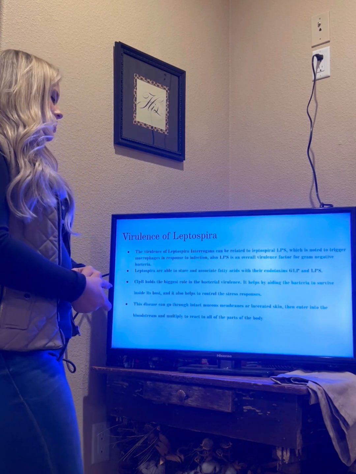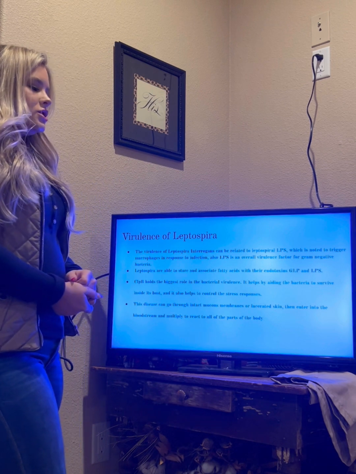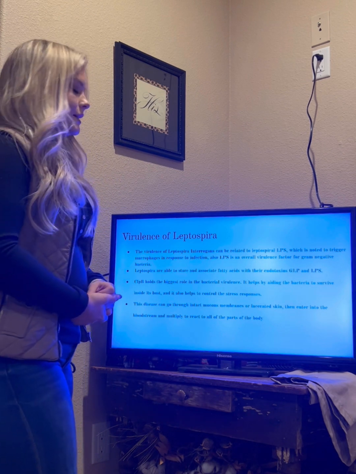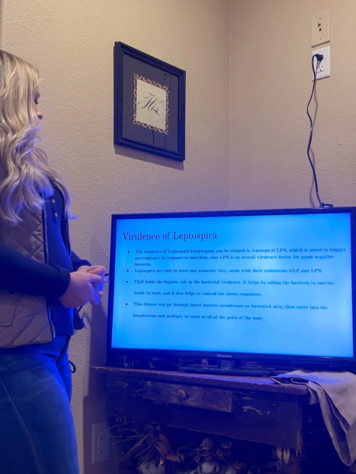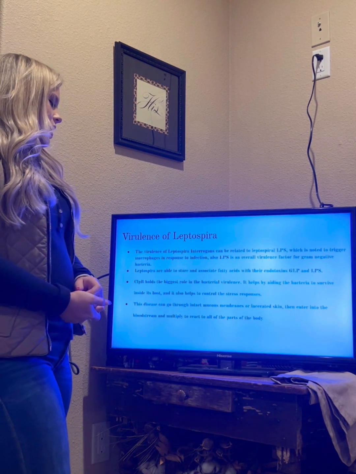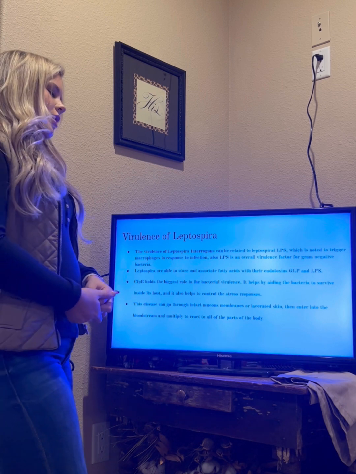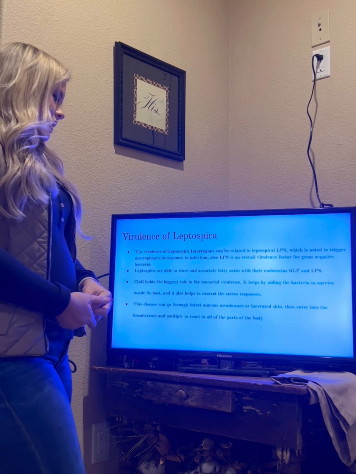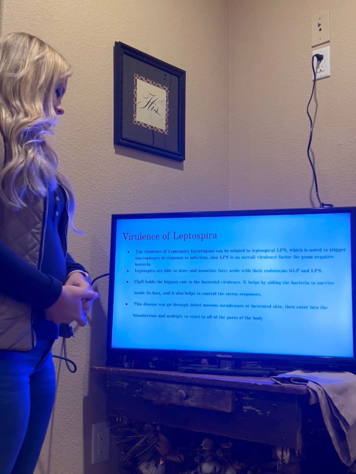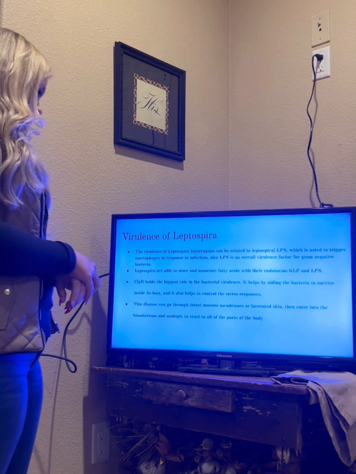Leptospira are able to store and associate fatty acids with their endotoxins GLP and LPS. ClpB holds the biggest role in bacterial virulence. It also helps by aiding the bacteria to survive inside its host and also helps to control the stress response.